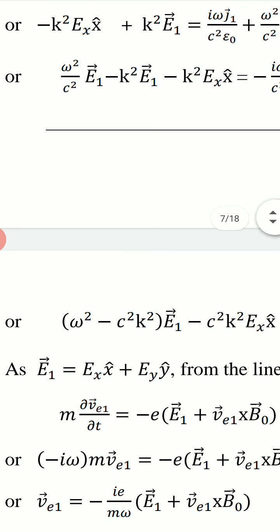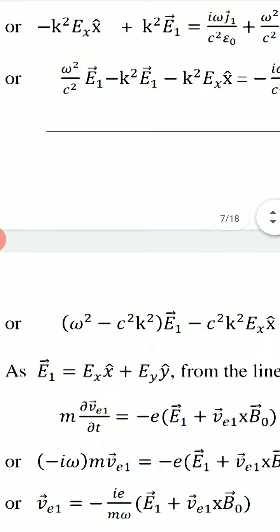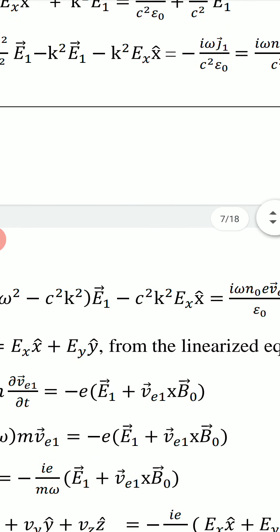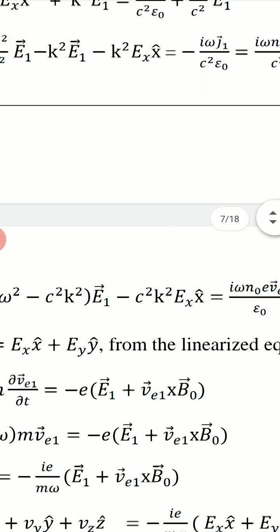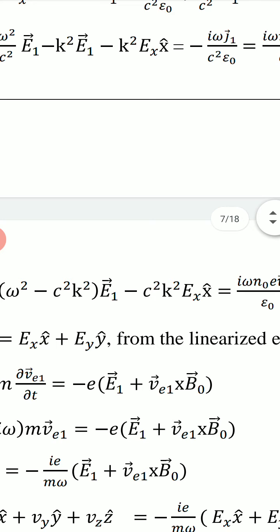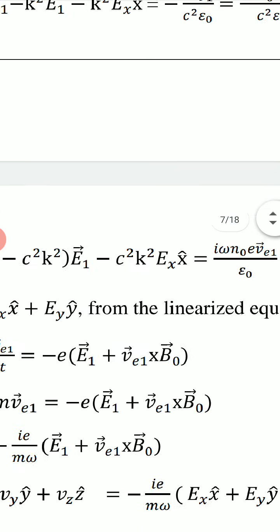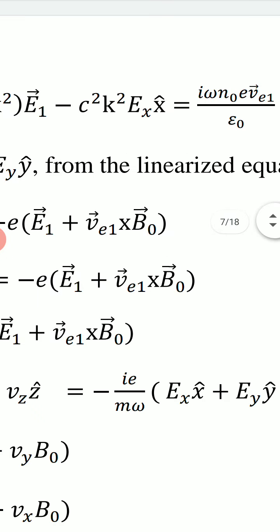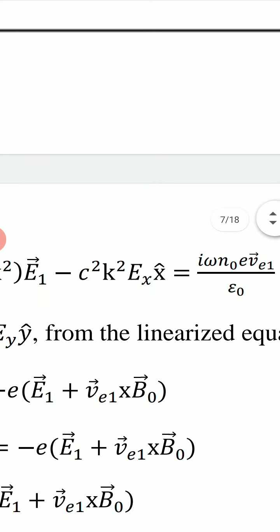Then take E1 vector common from the first two terms and we get omega square minus c square k square with E1 vector. Then we have plus c square k square ex x cap. It is plus c square k square ex x cap in place of minus. Correct it. It is not minus c square k square ex x cap. It is plus c square k square ex x cap.